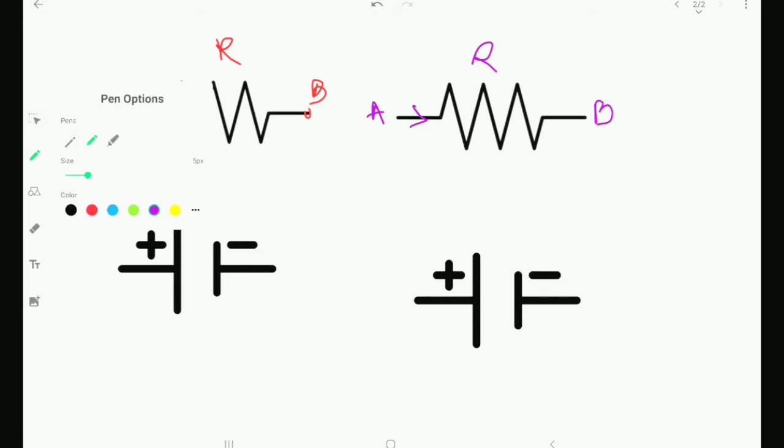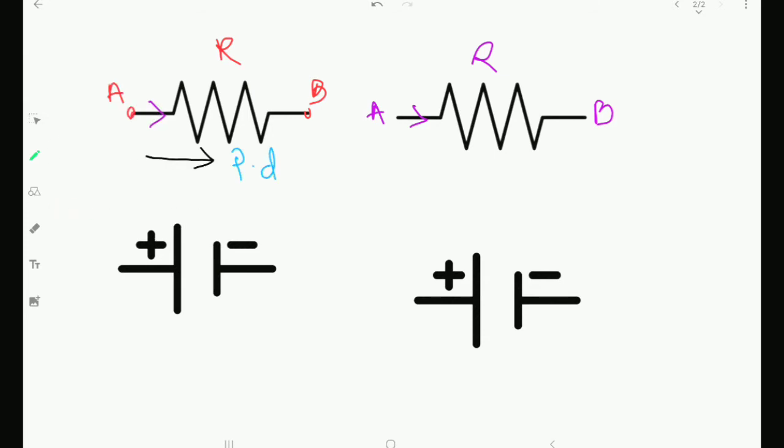If you are measuring the potential difference in the direction of the current, it is taken as negative.